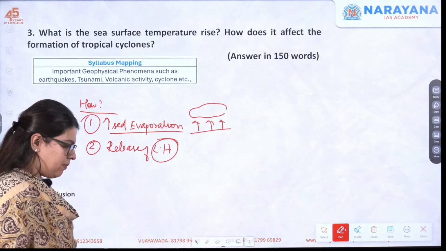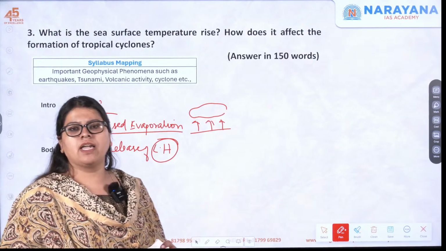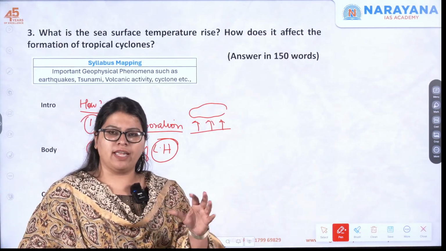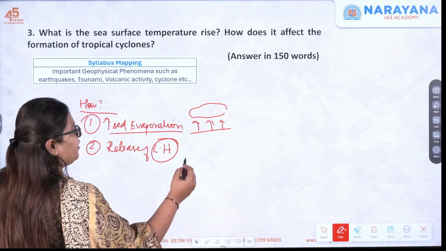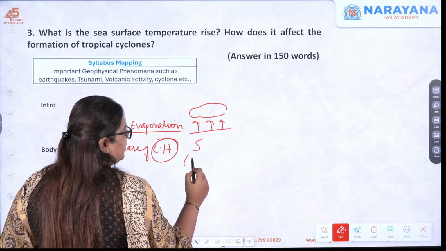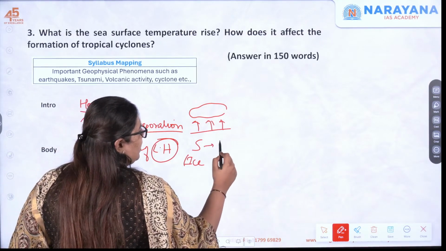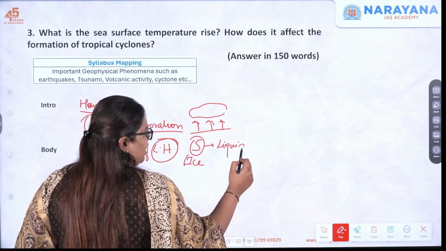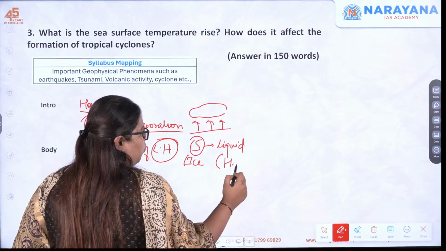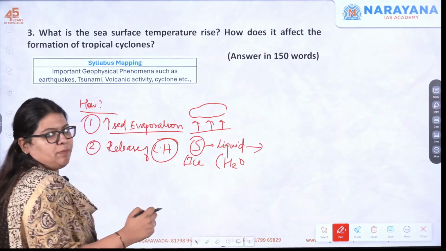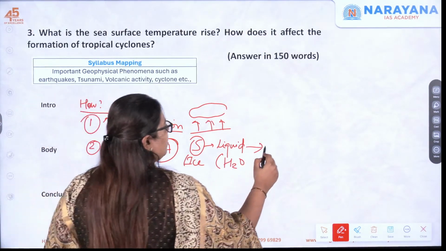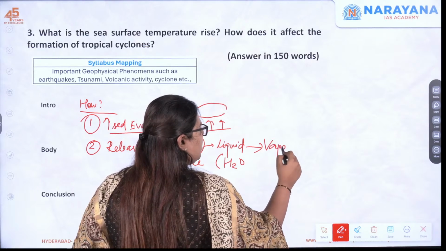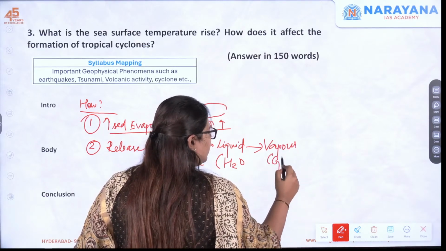Latent heat is nothing but, according to thermodynamics, water or moisture exists in three forms. The solid form is ice, which undergoes melting and becomes liquid, which is water, and this undergoes evaporation and becomes vapor or moisture, the gaseous state.